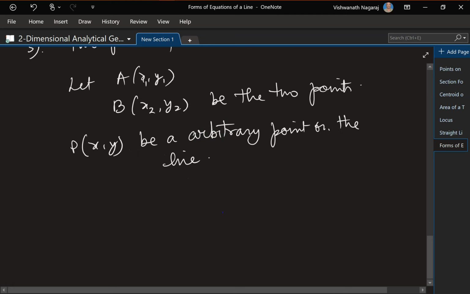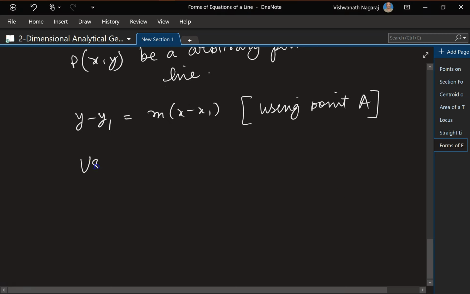So the equation would become what? y minus y1 is equal to m times x minus x1. So here I am using point A. Okay, using points A and B, the slope would be what? y2 minus y1 by x2 minus x1.